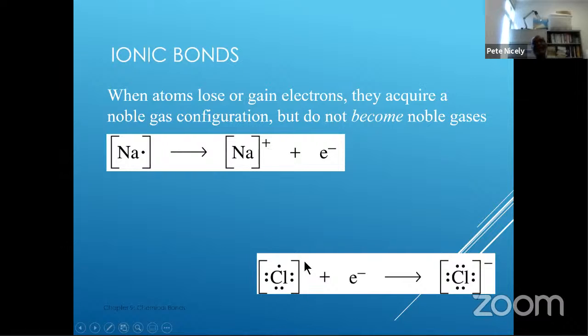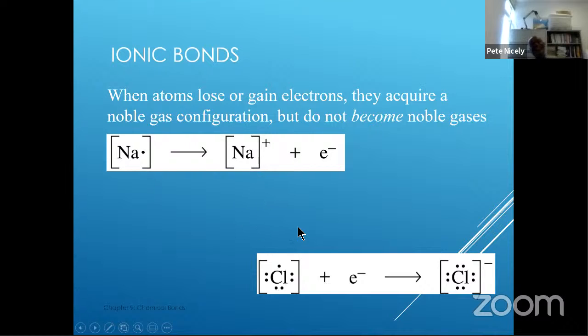At the same time, the chlorine atom will gain one electron to form the chloride ion, okay? And you'll notice that the chloride ion will have 8 electrons on its outer shell. And what is not clear here, but it is true, is that the sodium ion will also have 8 electrons on its outer shell. In fact, it will have the same electronic configuration as neon, all right?